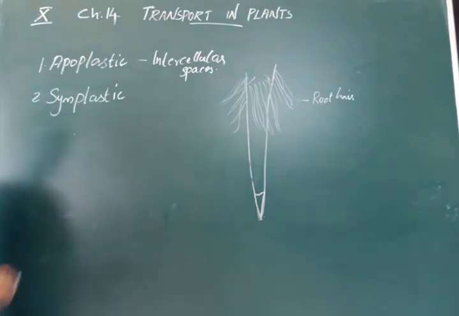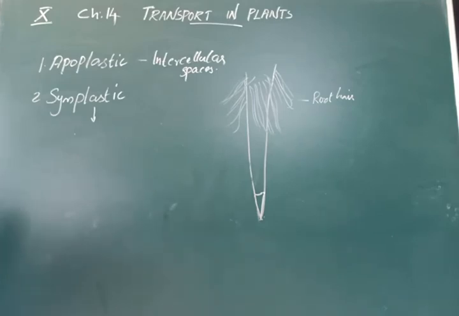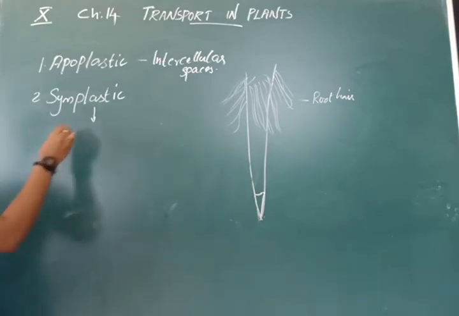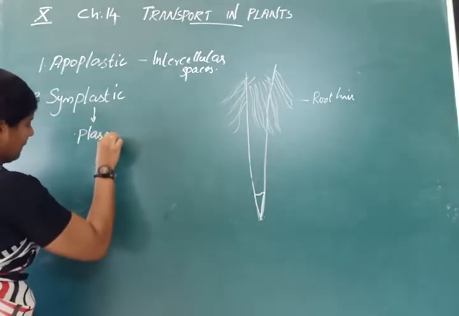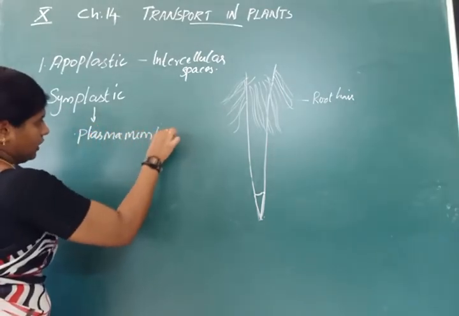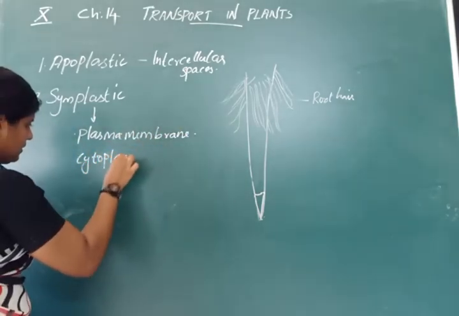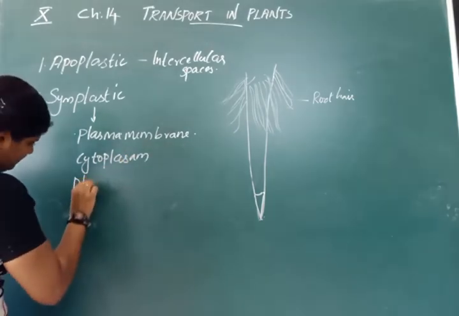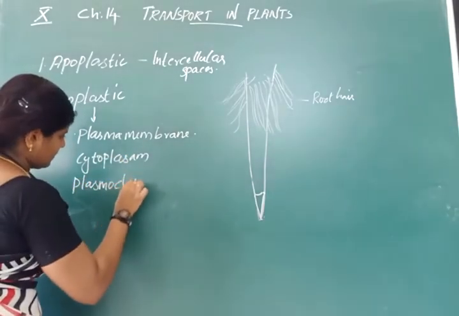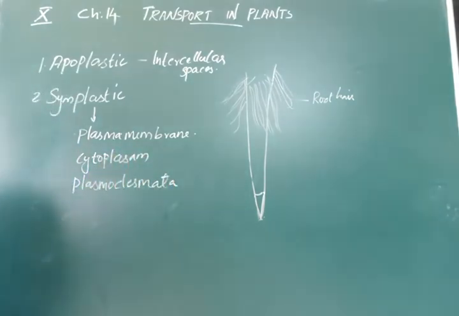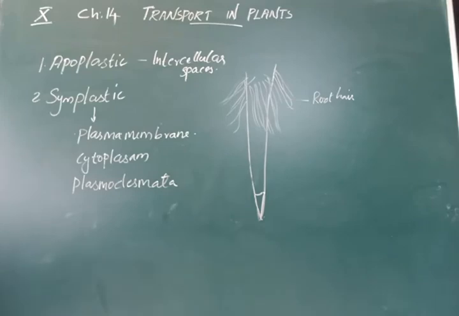Then what is the symplastic pathway? The symplastic pathway is the movement of water molecules from one cell to the adjacent cell through the plasma membrane, cytoplasm and plasmodesmata.